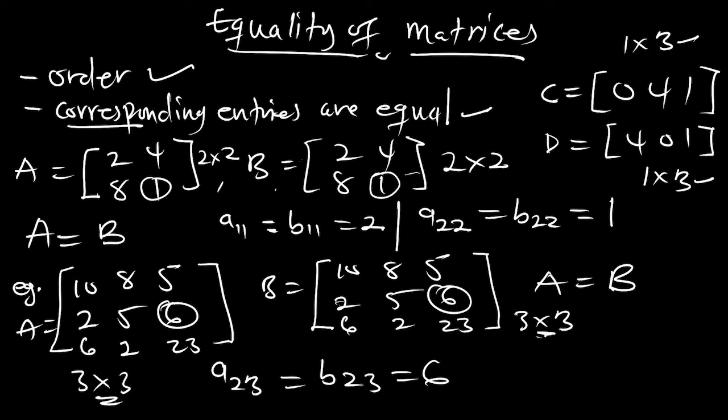But the corresponding entries, are they equal? Looking at C11, it is not equal to D11. C11 is 0, but D11 is 4, meaning these two matrices are not equal matrices. They do not obey these parameters, so they are not equal.